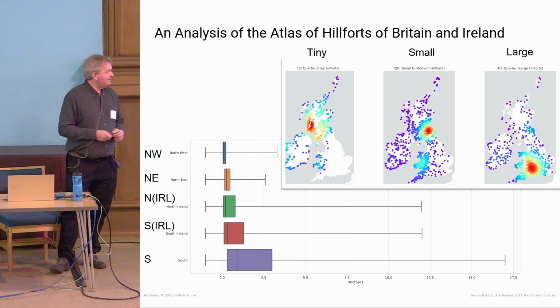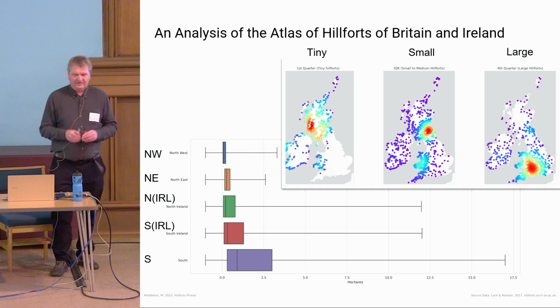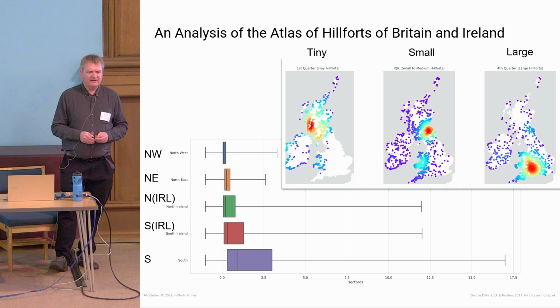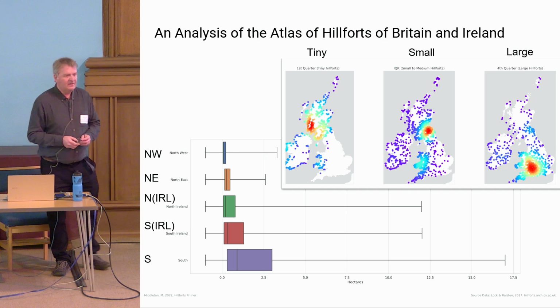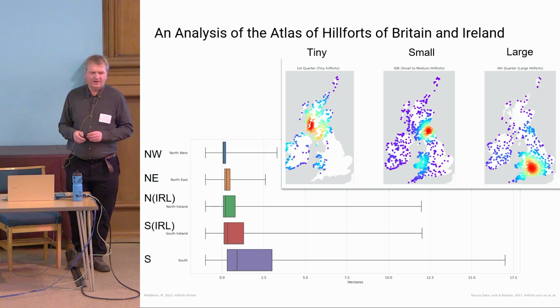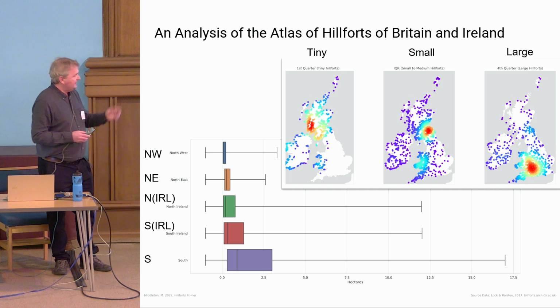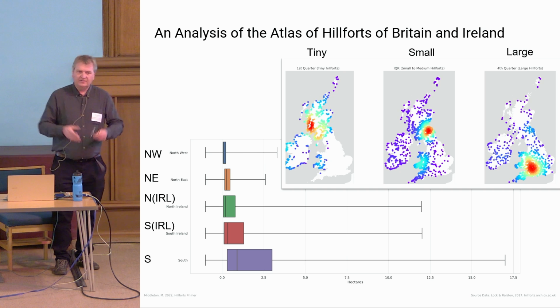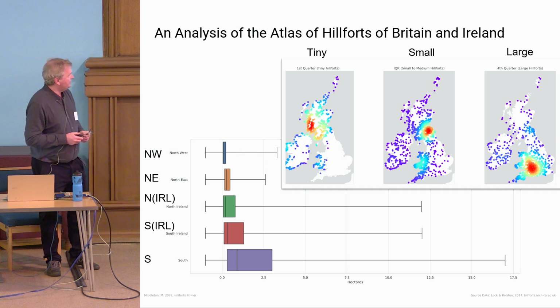The Hillforts Atlas itself has developed its own classification system, a 5-group classification based on area, which is a mix of statistical analysis and reference to these earlier classification systems. What I'd say I've done differently is I've tried to get the data to lead on creating classes. So for instance, here are these 3 images at the top.